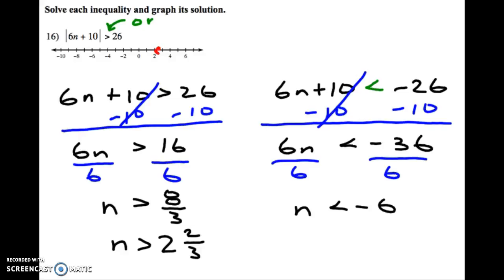Need to put an open circle here, so we're going to approximate that. And we're going to shade to the right. N is less than negative 6, open circle there, less than going to the left. So we've got our whisker case, so it does work out looking like an OR, just like we expected.